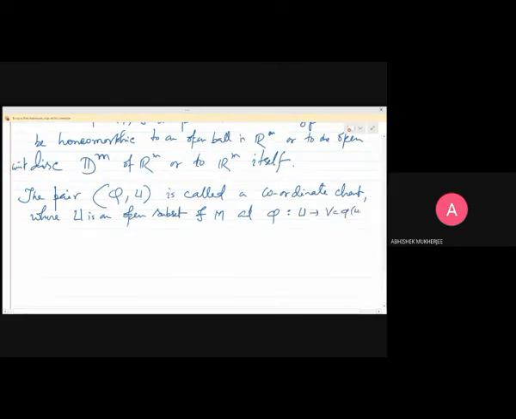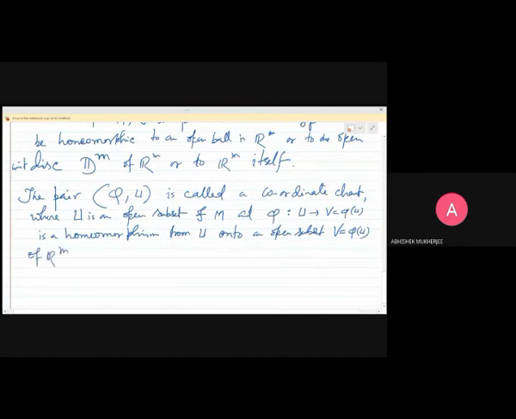V will be phi of U, is a homeomorphism from U onto an open subset V equals phi of U of the space Rm, right?